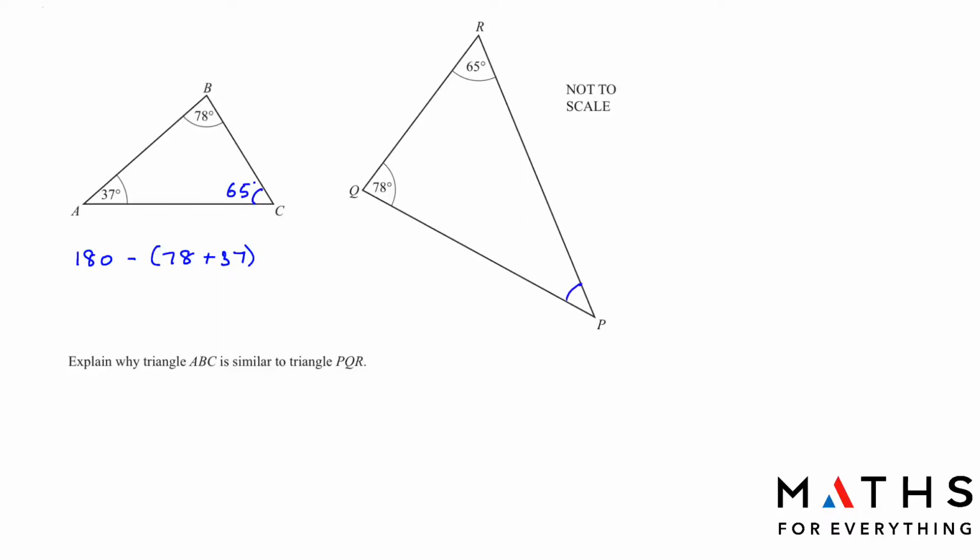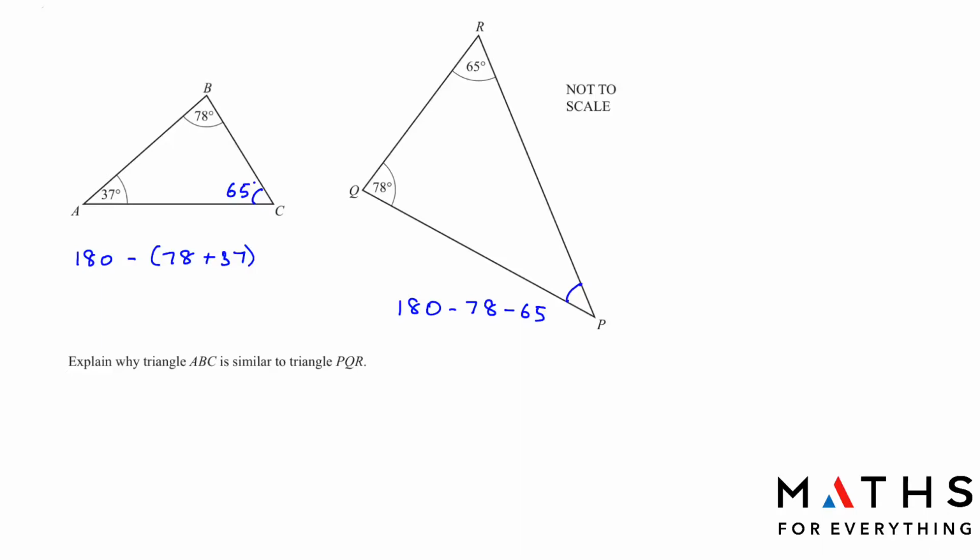The same we are going to do with the triangle PQR. We are going to subtract from 180, 78 and 65. I wrote here in a different way and I wrote here in a different way. Whichever way you remember, you can use it. Either subtract each angle or add both the angles and then subtract it from 180.